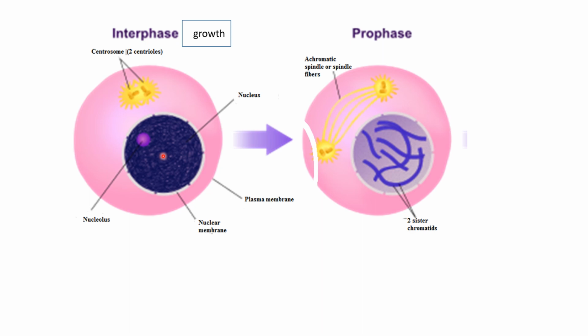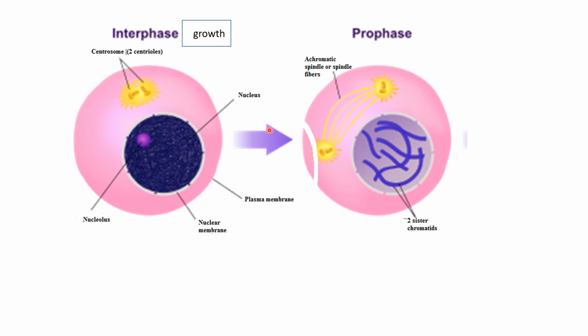Remember, in interphase, the chromosomes double. So every chromosome at the end of interphase has 2 chromatids. But always we cannot see them during interphase.